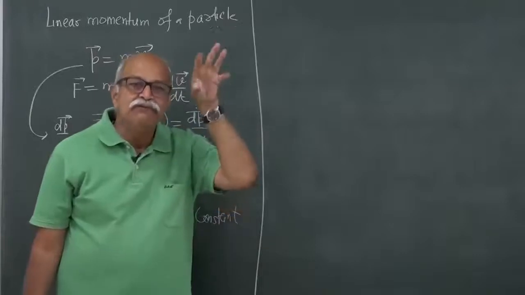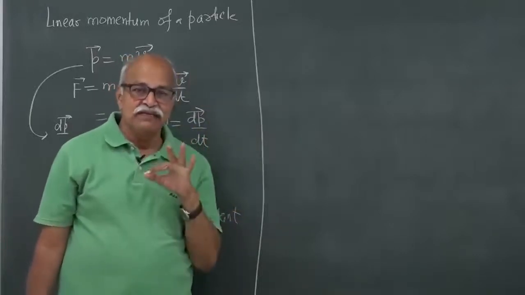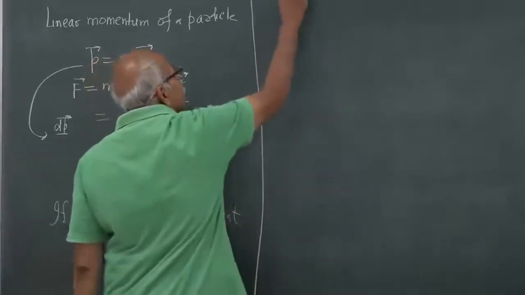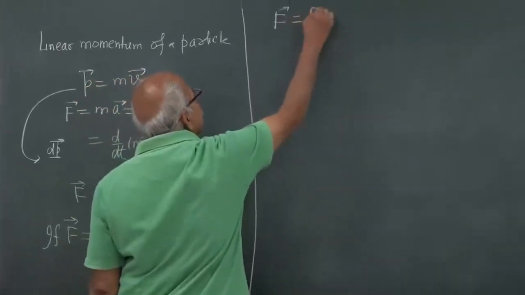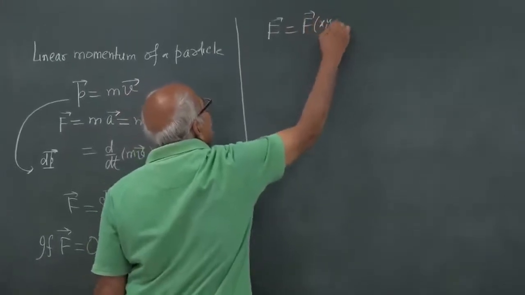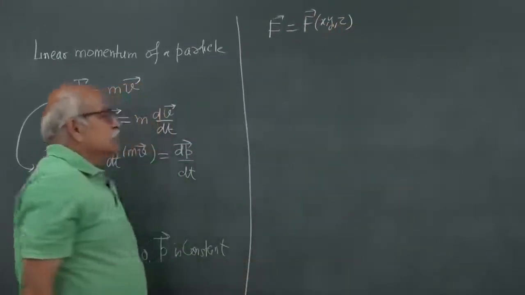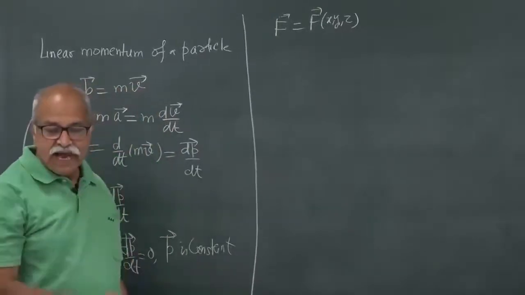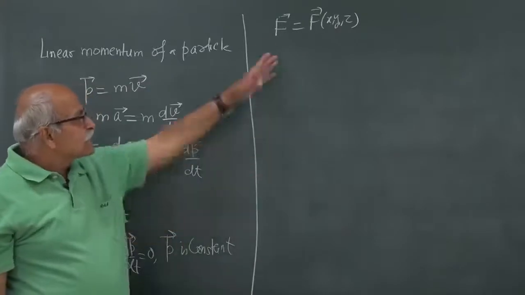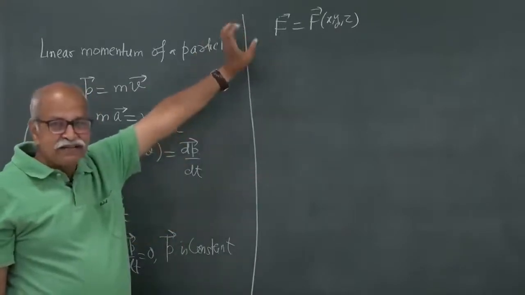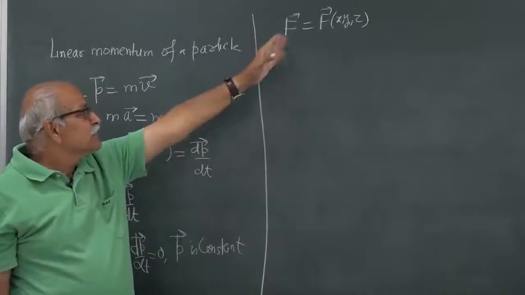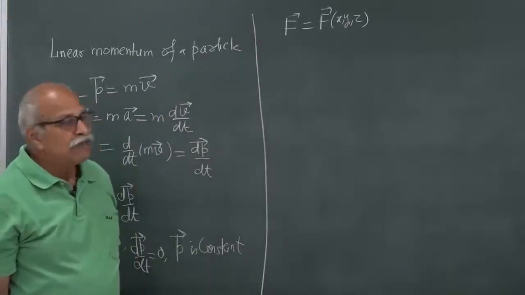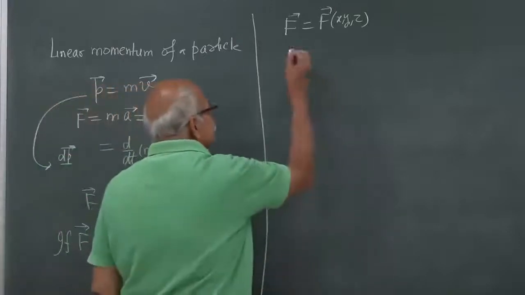If you have a force which depends on a space point x, y, z, force is a function of x, y, z. So, you have F, and that F is a function of space point. I am using Cartesian coordinates. If convenient, depending on what problem is at hand, we can also use other coordinate systems, but let us describe our theory in terms of Cartesian coordinates. So, if a force depends on space point, then you think of this quantity.